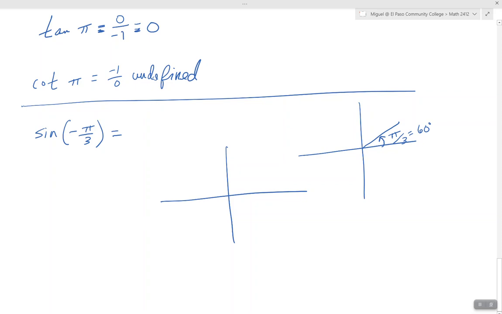Does that make sense? But instead of calling this negative pi over 3, we would flip it around and do the positives the other side, right? So we would say, okay, what's the angle to go from here to here?